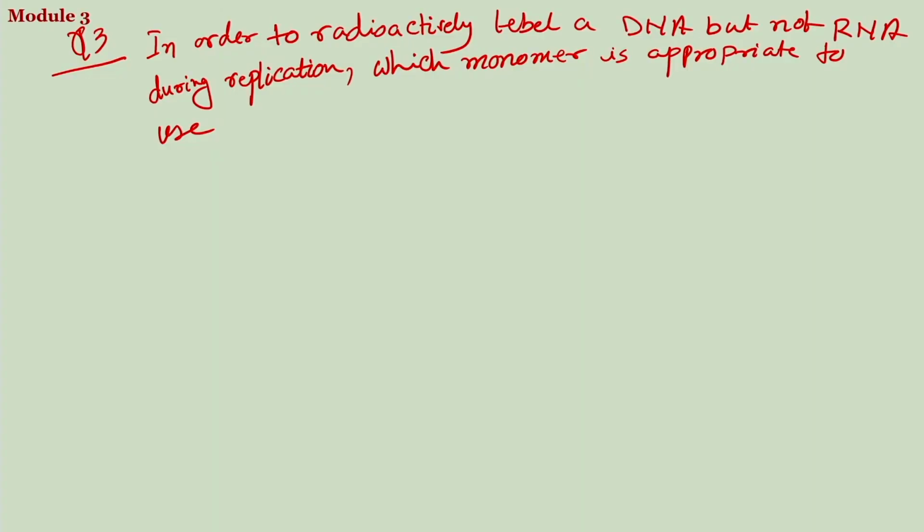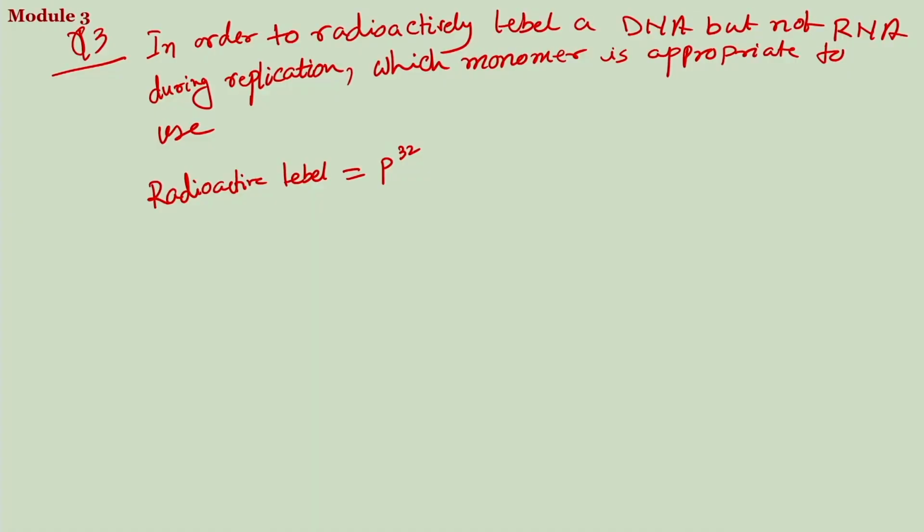So, radioactive label means we are using P32. You want to do it selectively for the DNA and not the RNA. Then you have to pick the right kind of monomer that you will use in order to get the labeled DNA.